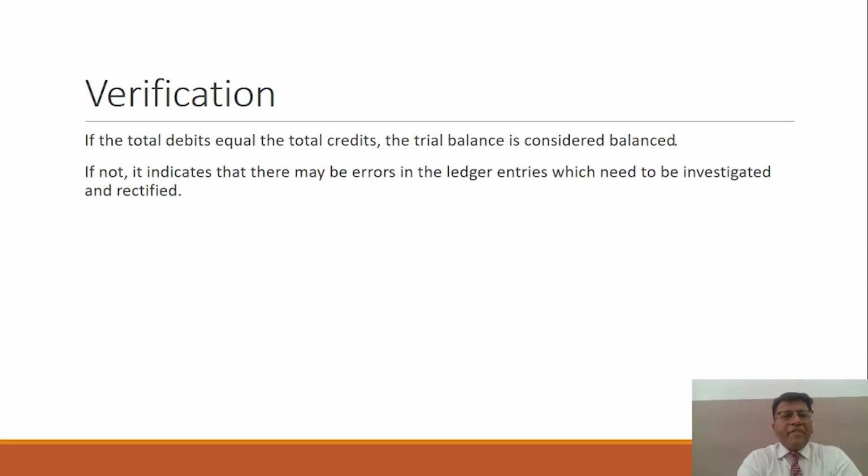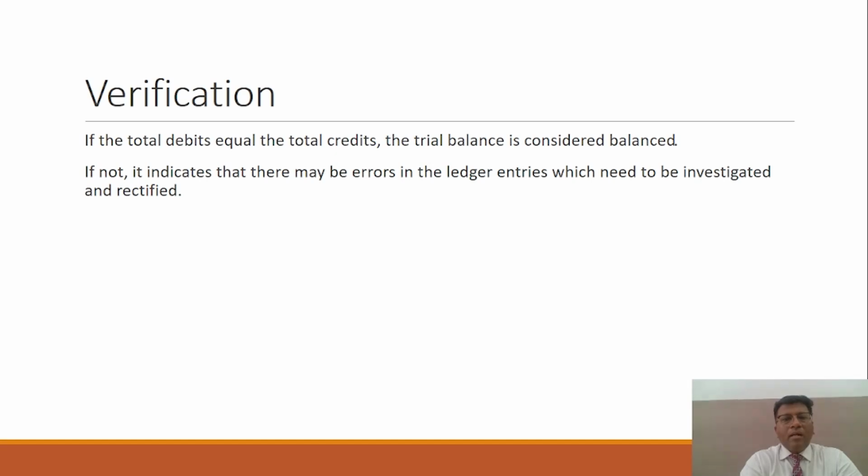When it comes to verification, how will you verify whether there is any error, or whether everything is in order and the ledger system was properly maintained? I told you that there are two columns, debit and credit, in the trial balance. You take the total of the debit and credit sides.